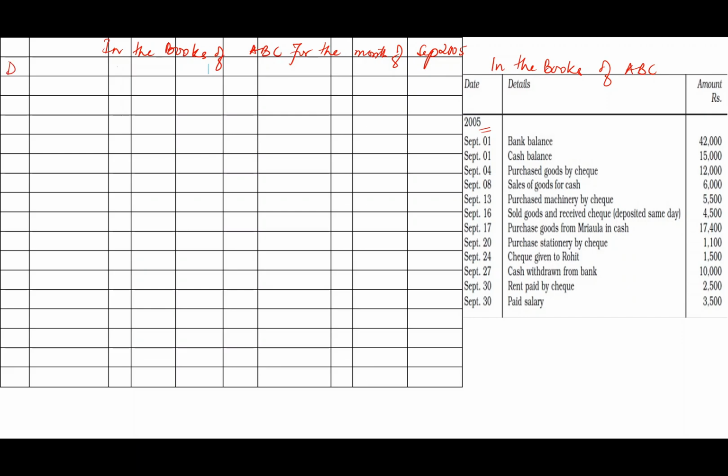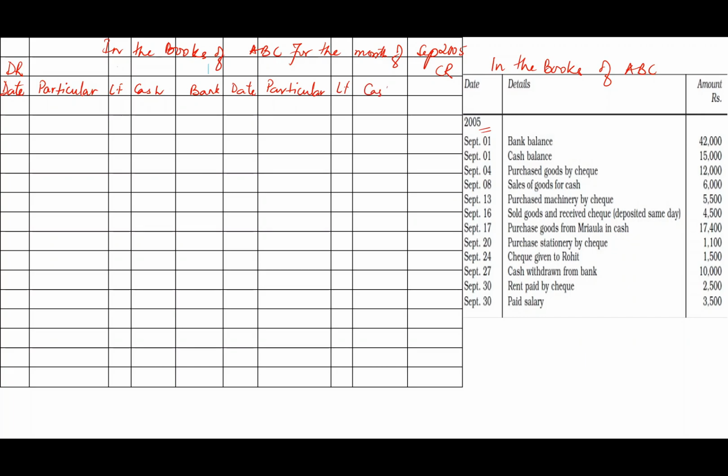As usual, we have this debit side and this side is credit side. We start with date, particulars, ledger folio, cash, bank. Then again you have date, particulars, ledger folio.